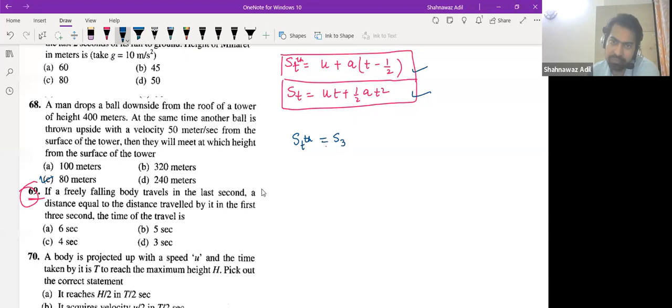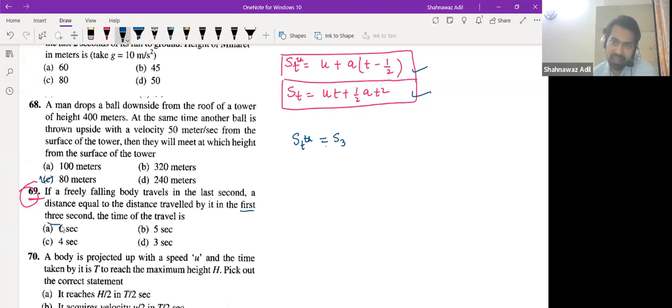S3, right? S1? Where is S1? Sir, because it is telling from first to third second. No, no, no. First 3 seconds means the first 3 seconds, in total 3 seconds. You started and then you counted the clock.